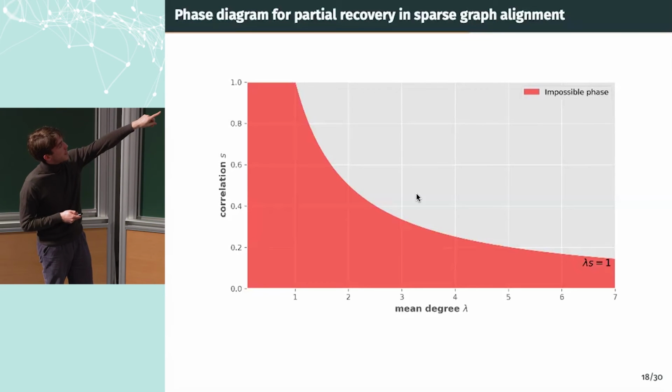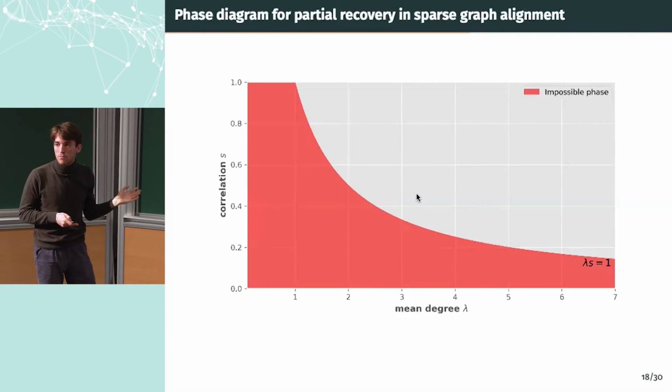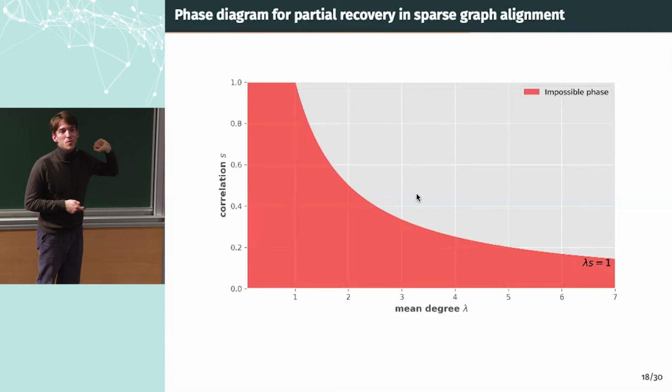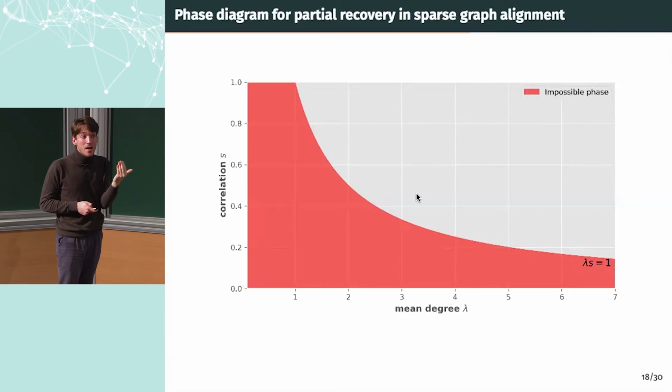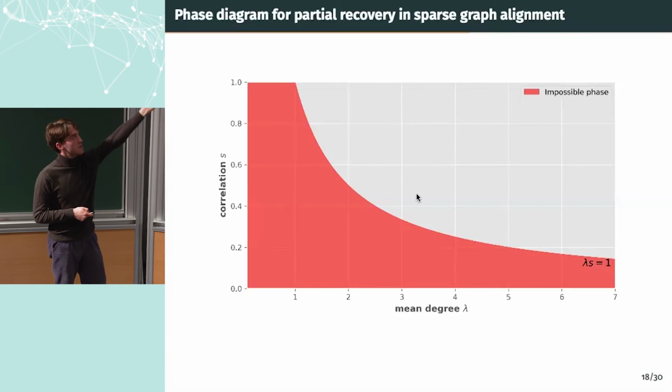We know that below this, in this red area here, the problem is impossible. That's what I know. The question is, what happens above? And this is the second question: is there a computationally efficient method to recover the signal when I am in the possible phase?